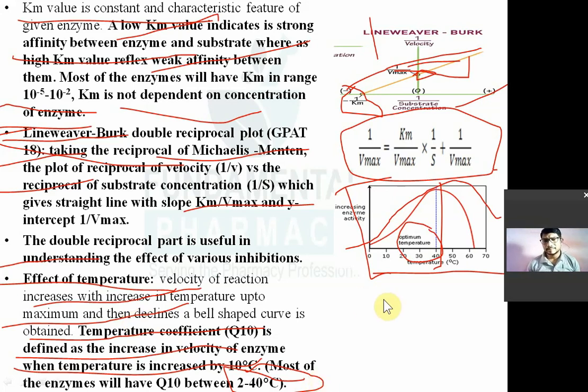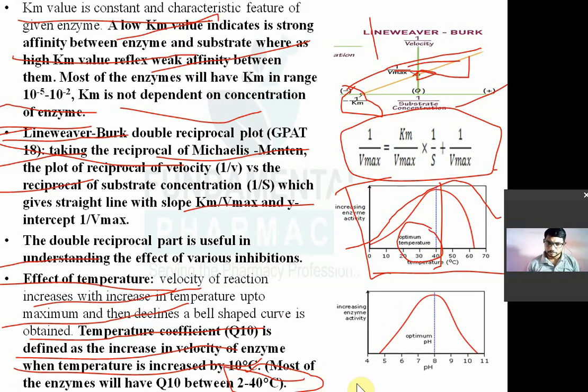In a similar manner, if you take pH, for an enzyme catalyzed reaction, rate or velocity of reaction versus pH: by increasing the pH, the velocity or rate of reaction will increase in a certain range of pH.